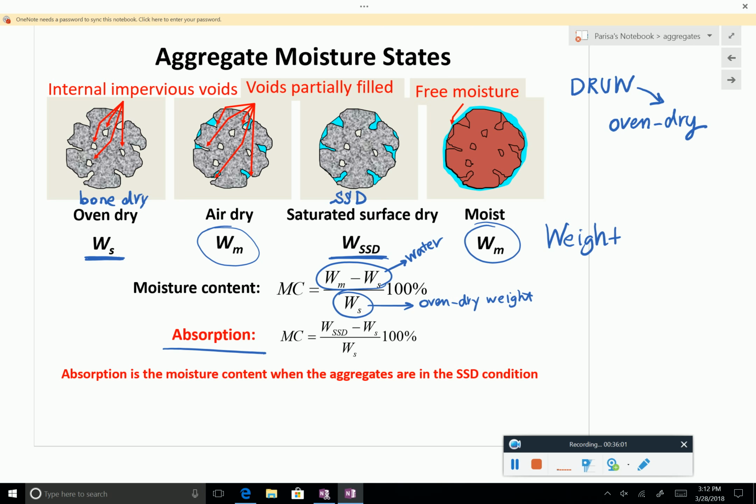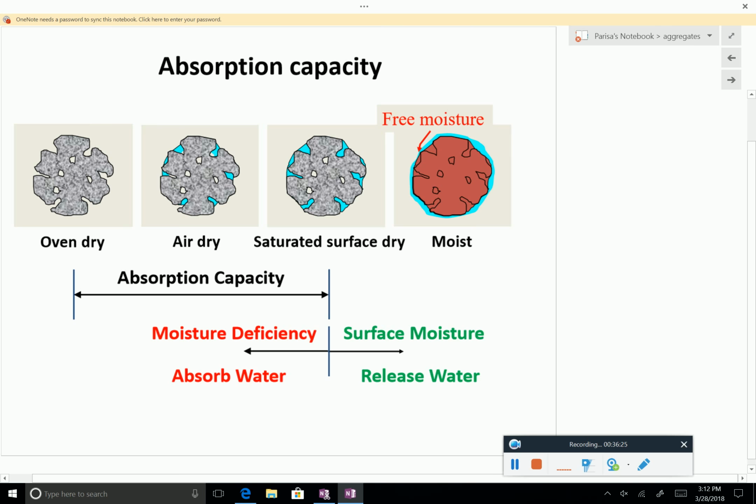It's the moisture content at SSD state. It's the same thing. And you multiply it by 100, so you have it in percentage. Any questions about this?